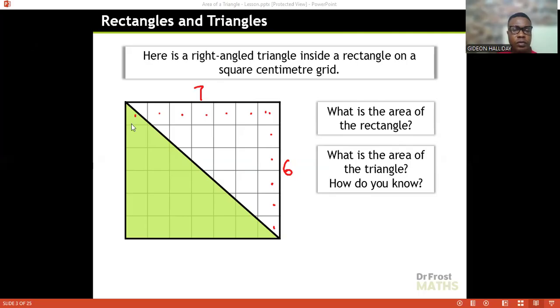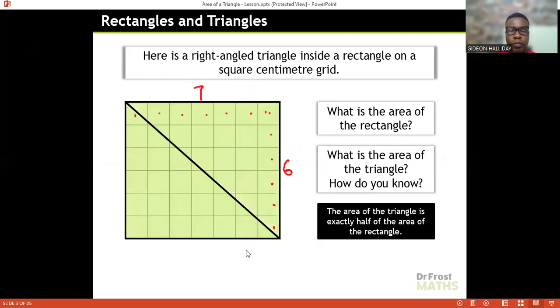Remember, 42. So half of it, right? So this is 42, and half of it will be 21, of course, centimeters square.